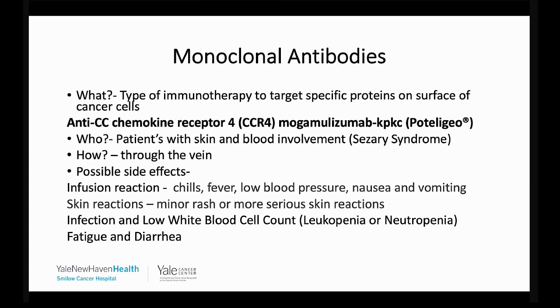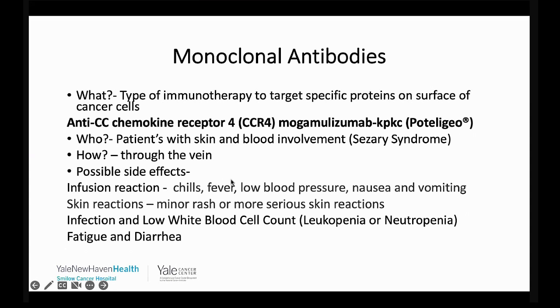Another monoclonal antibody that targets a specific protein on the surface of mycosis fungoides cells or Sézary cells is the anti-CCR4 antibody mogamulizumab. This one works well in patients with Sézary syndrome, so those with erythroderma and blood involvement. This one is also given through the vein.